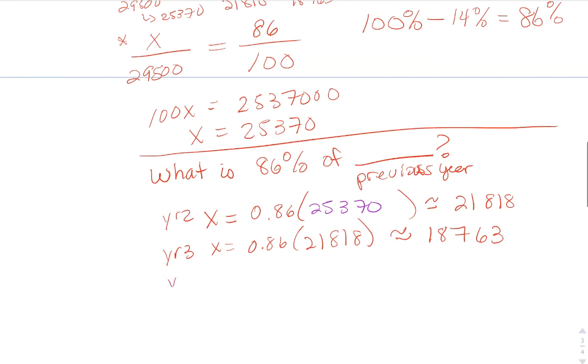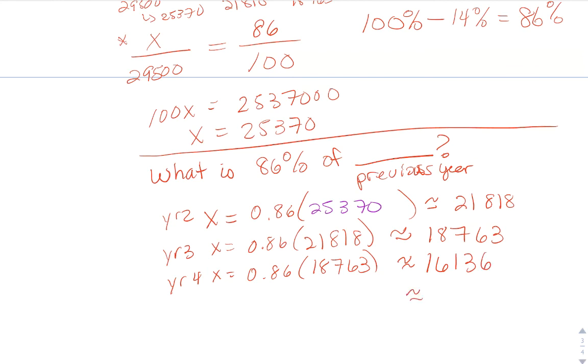And so to get the year 4 value, or 2012, I'm going to do 86% of 18,763, which would give me about $16,136.18.